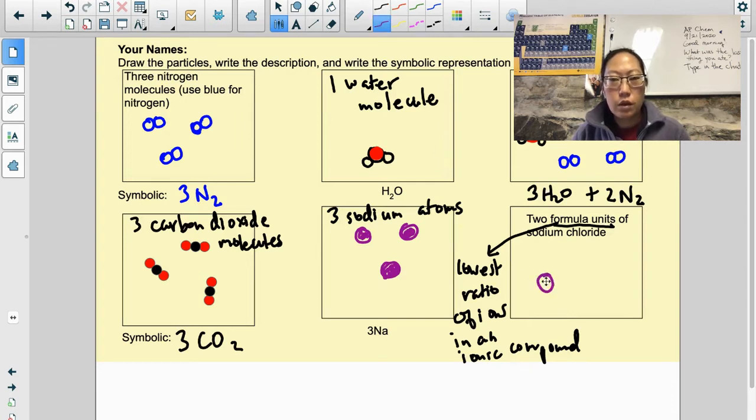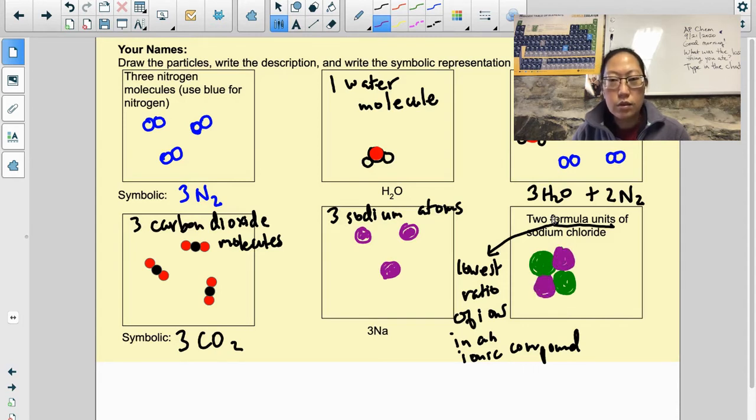So here's our Na. Chlorine, we're going to use green. Here's another green chlorine. And we have another sodium chloride, and they're all connected together with ionic bonds.